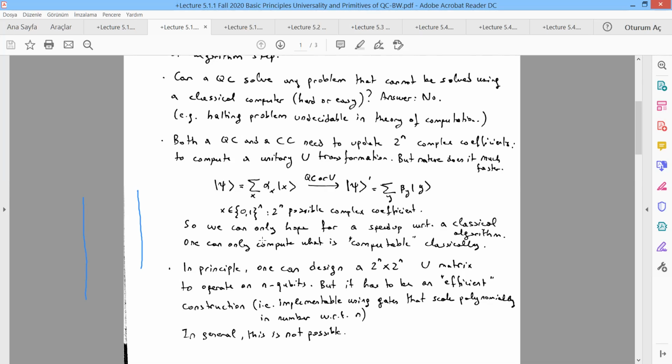In principle, we can build these unitary matrices using quantum gates, but it has to be an efficient construction. In other words, this construction we should be able to implement using gates that scale polynomially with respect to n. That's what we call an efficient circuit or an efficient quantum algorithm.